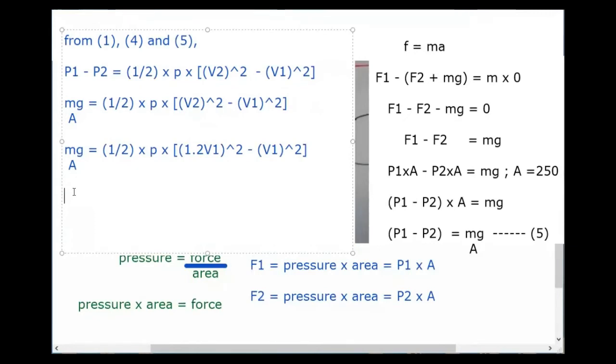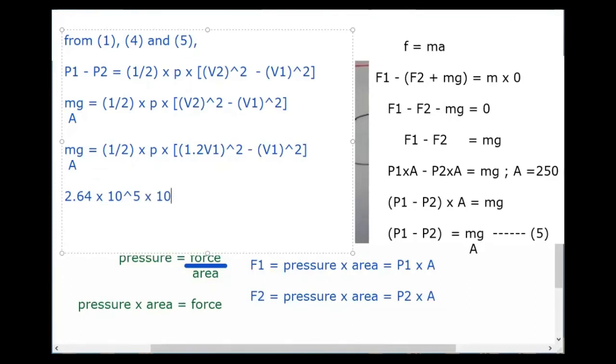Somebody please tell me what is the mass of the aeroplane. Sometimes you may have forgotten. Somebody check the Tute and tell me what is mg, the total mass of the aeroplane here. 2.64 into 10 to the power 5 kilogram.